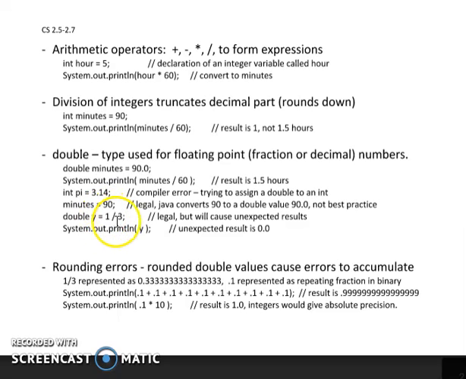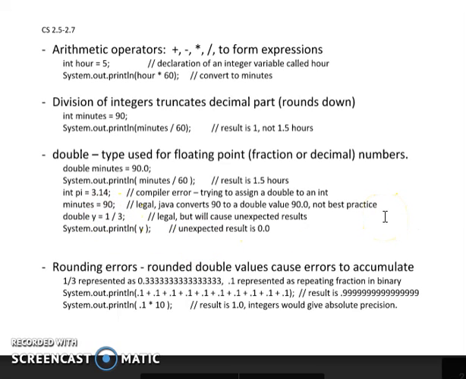Those aren't floating point numbers. Those aren't decimal numbers. They're just integers. So 1 divided by 3, when you're doing decimal division, the result would be 0.333. But remember, it chops off everything to the right of the decimal. So your answer is actually going to be 0 in this case. So anytime you're doing division, don't use integers.